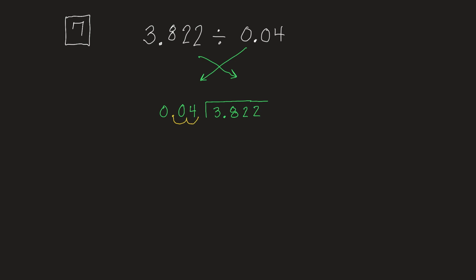That'll get rid of it. Rewrite, that's 4. I moved it 2 places on the left over here, so I should move it 2 on the right. Here's my new place. Rewrite 3, 8, 2.2. Next step, put the decimal up here.